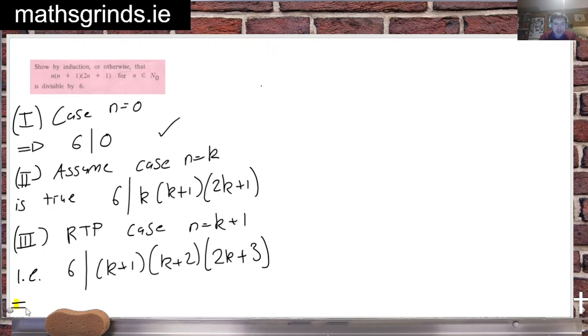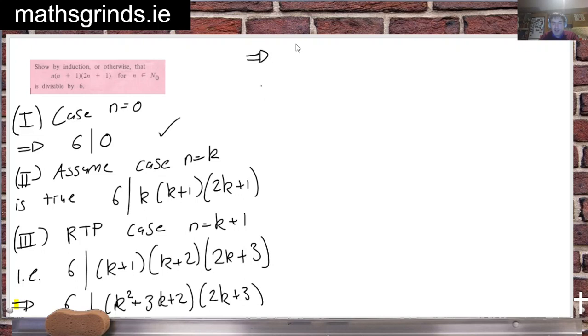So that means I need to show that 6 divides into k squared plus 3k plus 2 times 2k plus 3.